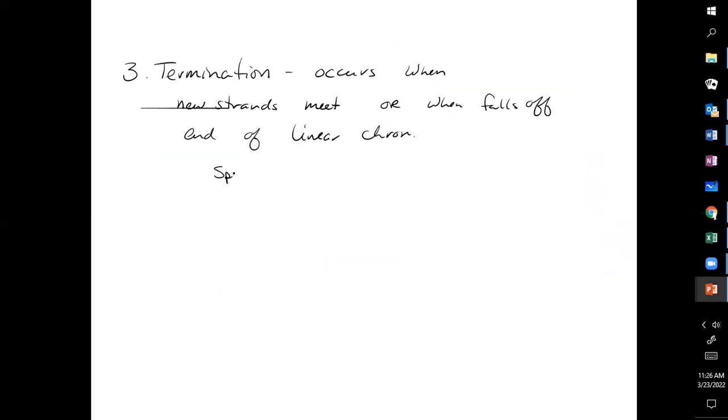But there's a special process in linear chromosomes where one of the strands cannot be completely synthesized. So there's a special case in linear chromosomes where one strand is not completely synthesized.